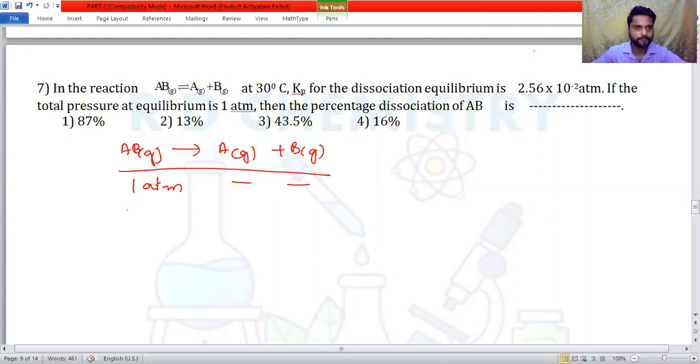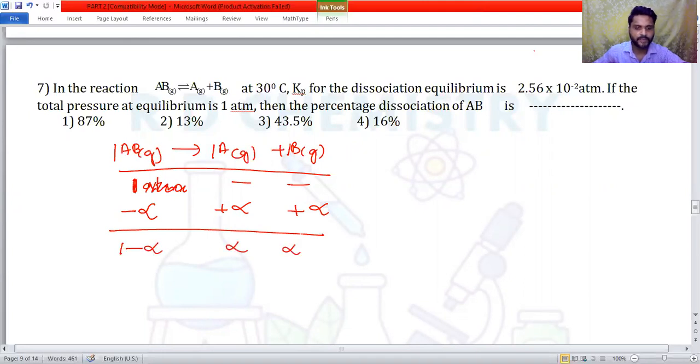So let there be alpha degree of dissociation. Sorry, this is the number of moles. We're taking 1 mole. So the ratio you see is 1:1:1. So plus alpha, alpha is the degree of dissociation out of 1 mole. So remaining is 1 minus alpha, we get.